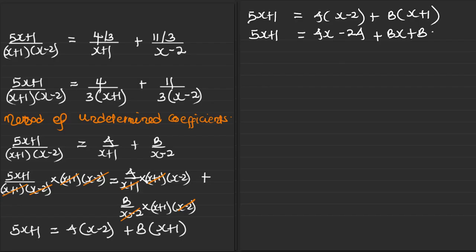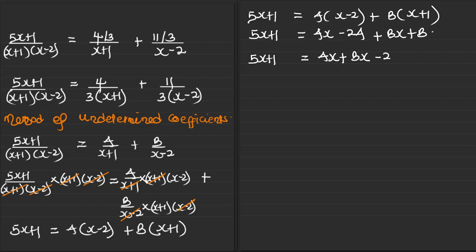After this stage, we group like terms. So grouping like terms, we have 5x plus 1, which is equal to all those with x's: ax, then plus bx, and then we come to the negative 2a.